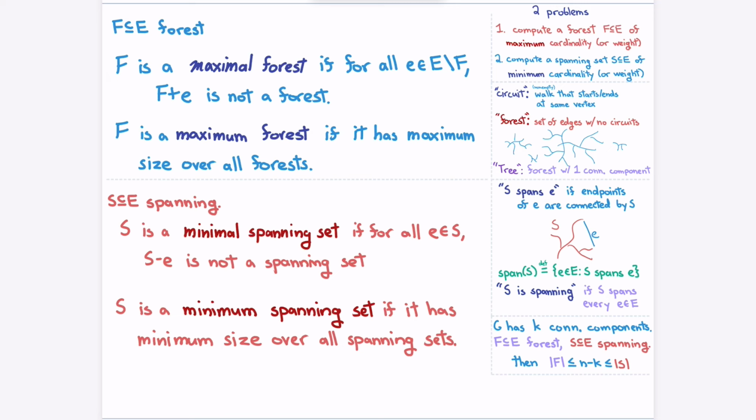Yeah, so maximal just means I cannot add another edge. Maximum means it's truly the maximum possible size. So one is a local optimum. That's not obvious. There are many problems where maximal is not equal to maximum.